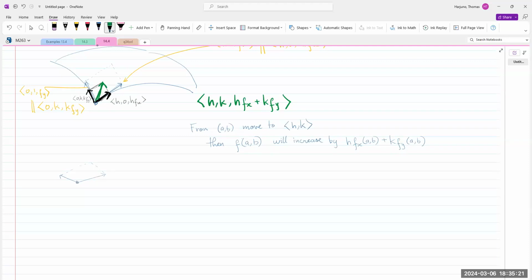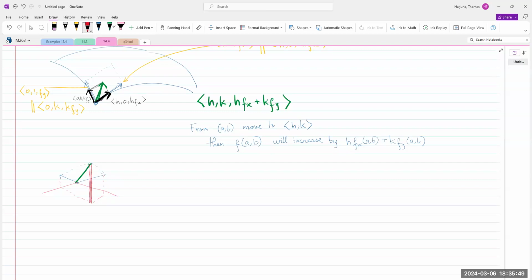Suppose on the ground it looks like this. At this point, the height of that is this. You see that this is the increase.